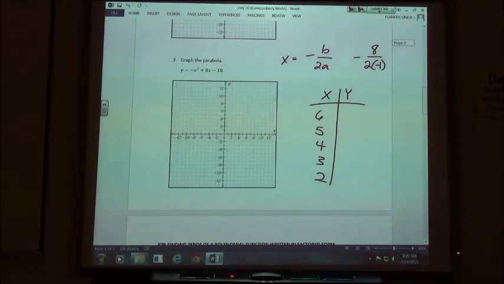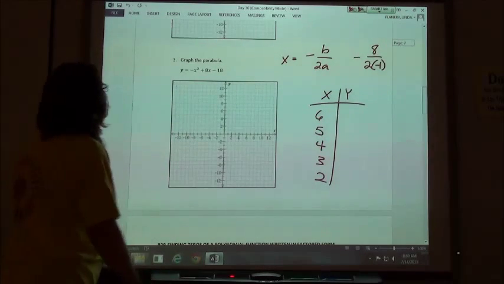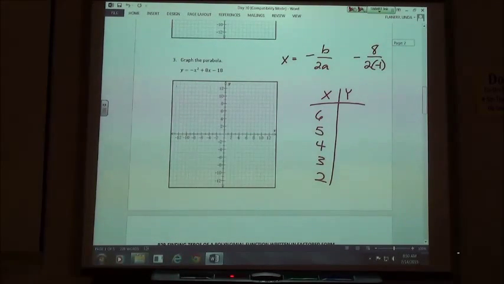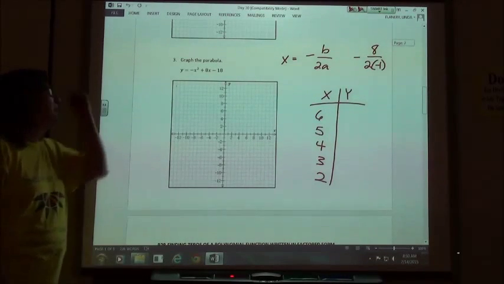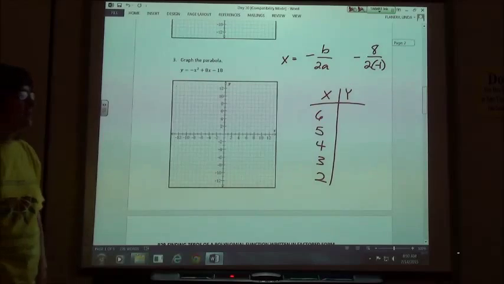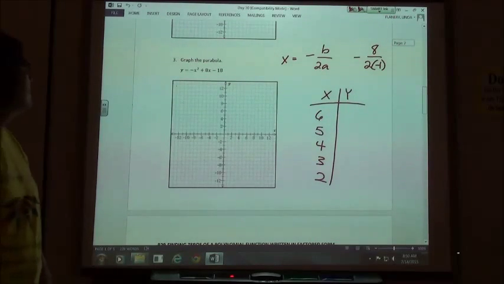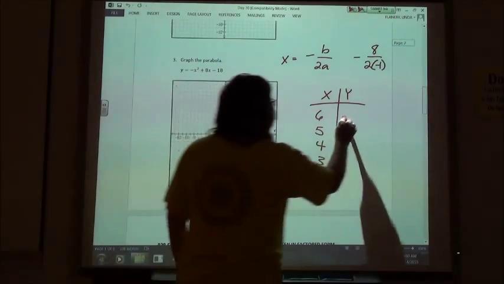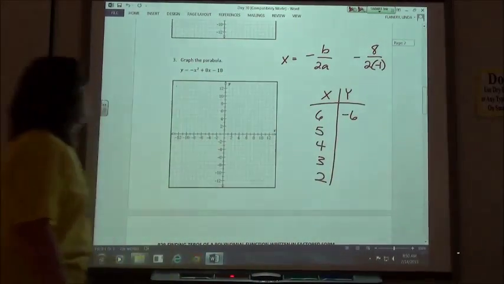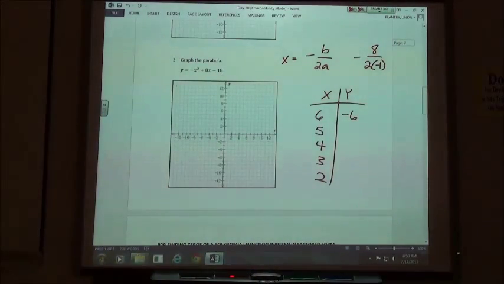So, darn, we don't have any zeros if we put 6 in for x. Negative 6. Five in for x.